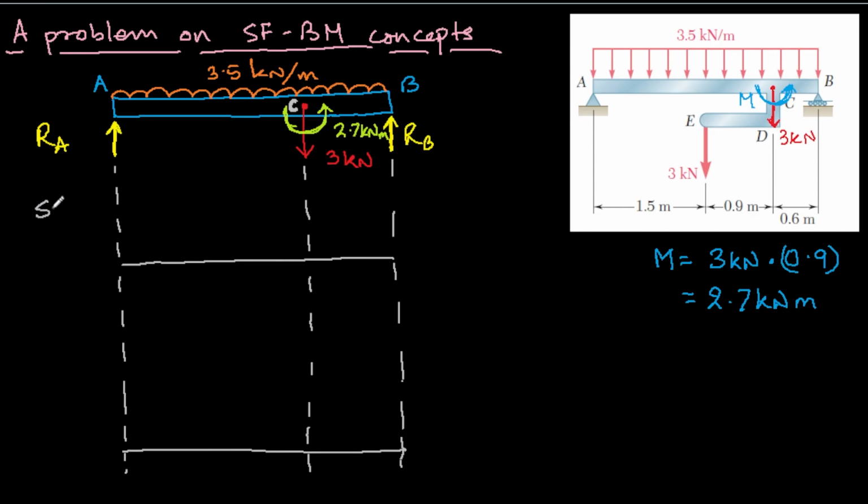So here we will draw the shear force, here we will draw the bending moment for segments A, B and C. Okay, so as the first step, we should find out the reactions, right? Let's find out the reactions RA and RB.